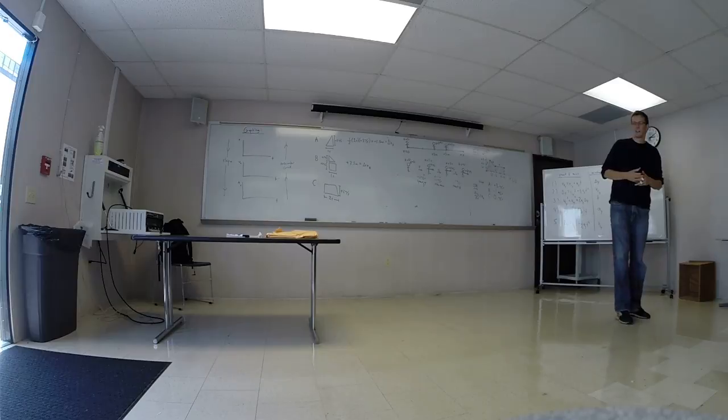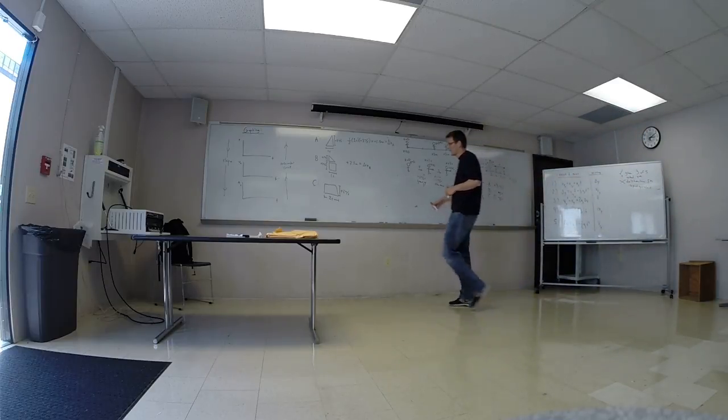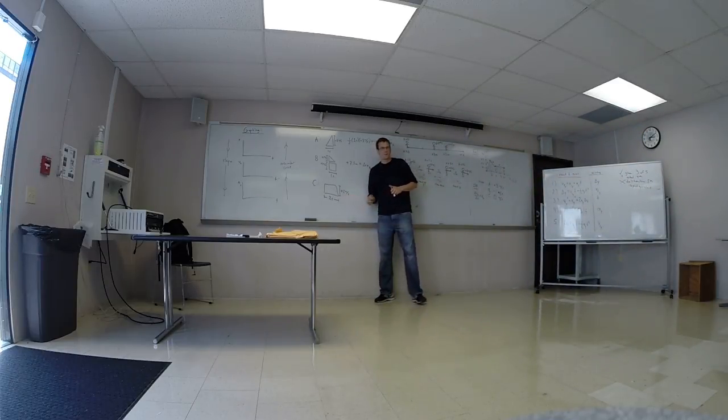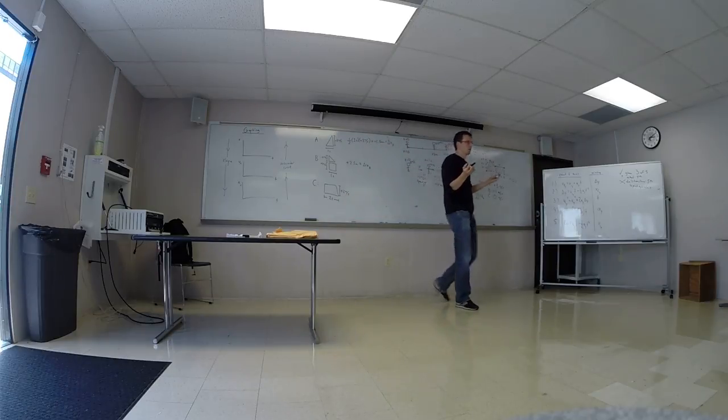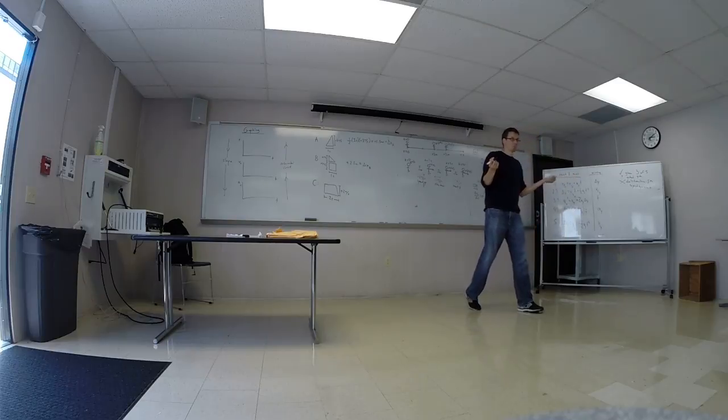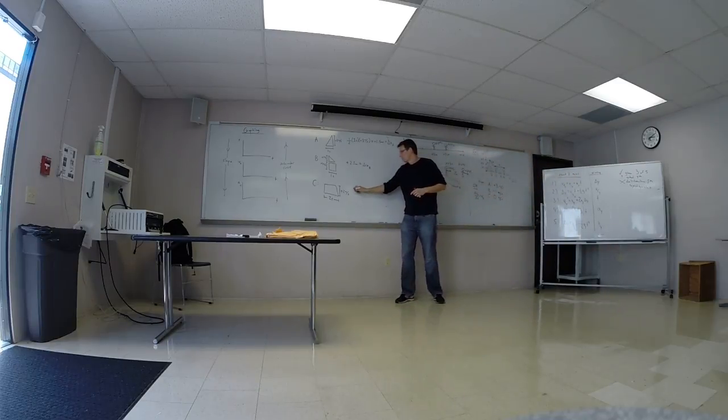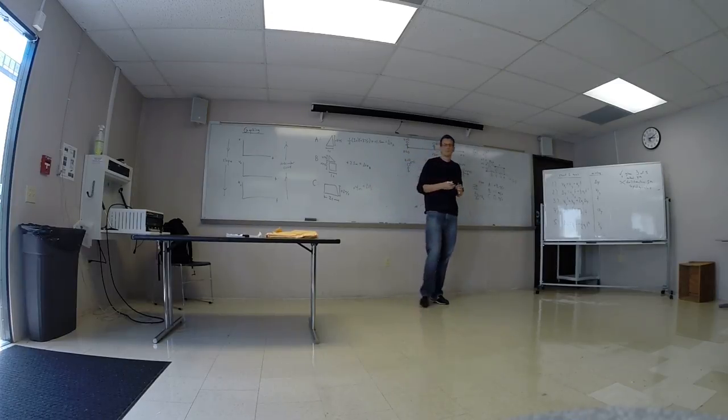So the height times the base is rate times time. So if you go 2 meters per second for 2 seconds, what's your displacement? Meters. 4 meters. So that's your displacement during segment C.